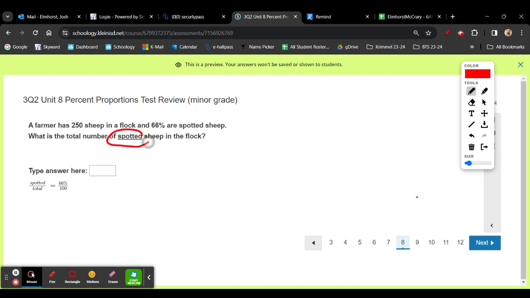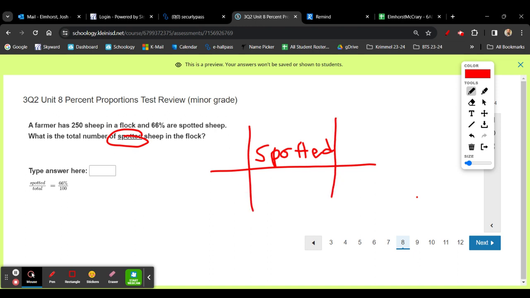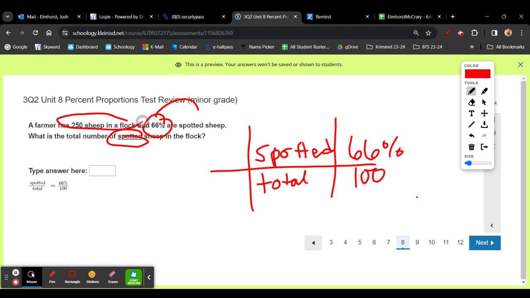Number 8, what are the total number of spotted sheep? Let's set up the proportion, build it from spotted to total. Spotted to total, so it looks like 66% are spotted, and there's 250 sheep in the flock.